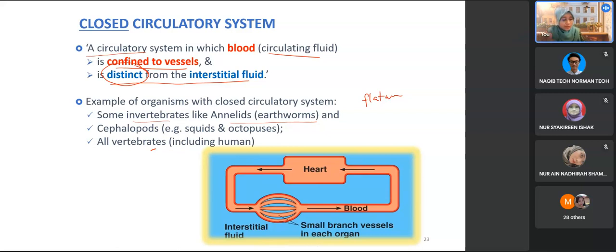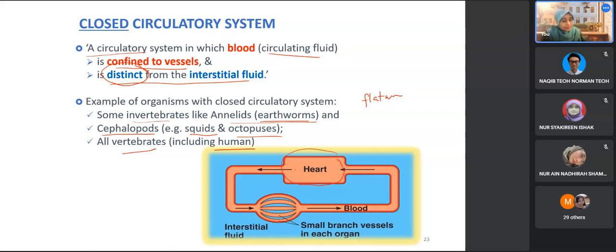But earthworms have a closed circulatory system. Cephalopods such as squids and octopus also have a closed circulatory system, and obviously all vertebrates, including humans, all animals, birds, fishes, have a closed circulatory system.